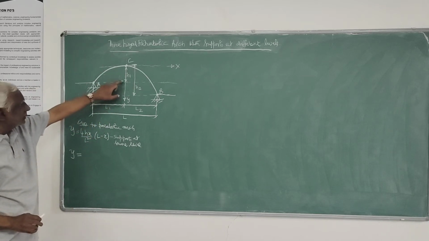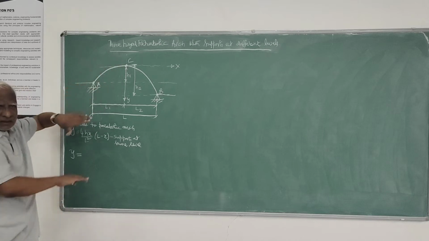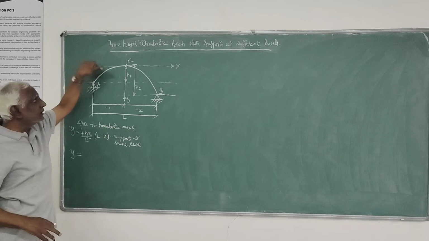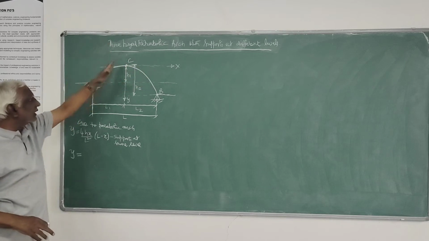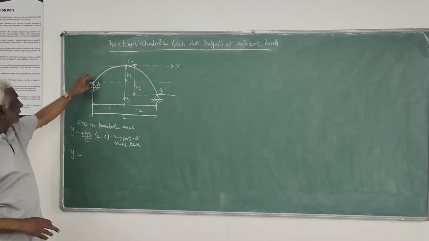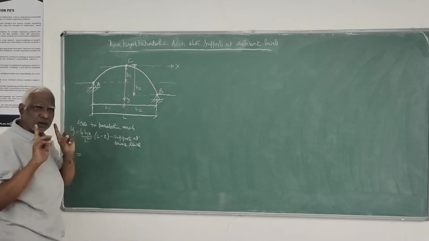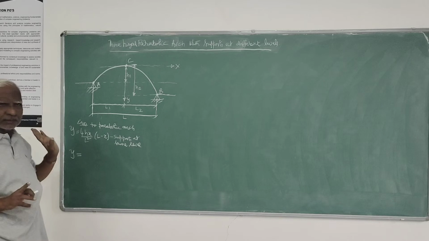Here h is the maximum height from that origin horizontal. Whatever y we calculate will be from the top, from this x-axis. That's one important thing you have to remember.